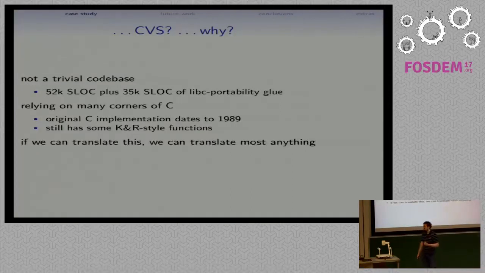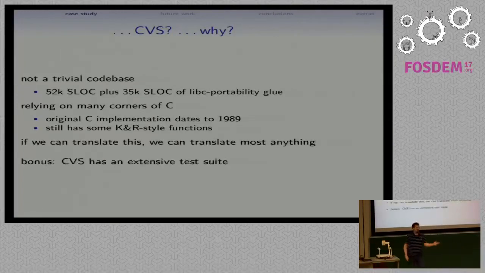The original release of it, the original C release anyway, was from 1989. So there's still K&R style function prototypes in it and things like that. That was kind of exciting to implement in Corrode. So the idea is, if we can translate this, it seems like we can probably translate all sorts of things. As a nice bonus, CVS does have an extensive test suite, so that's turned out to be really useful.